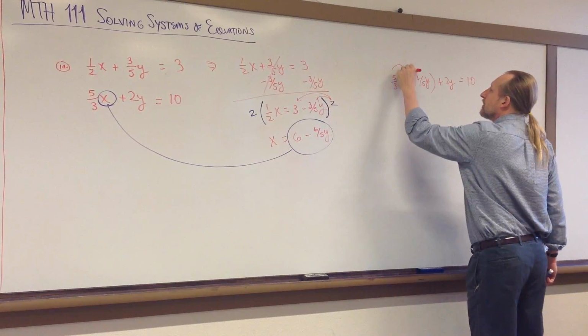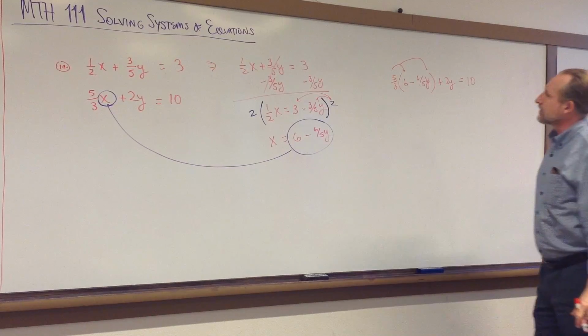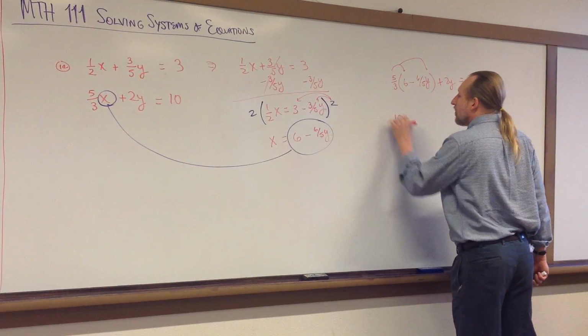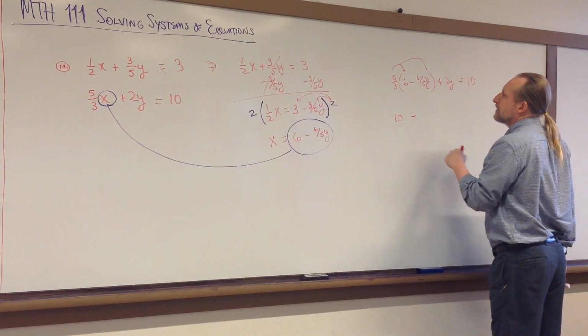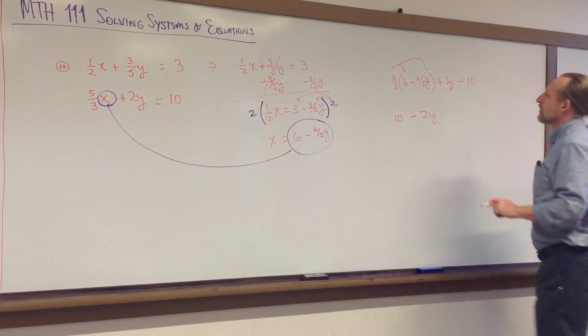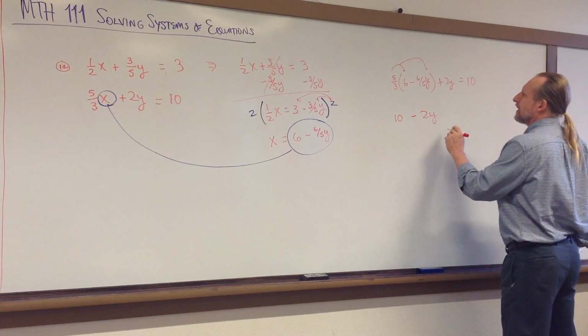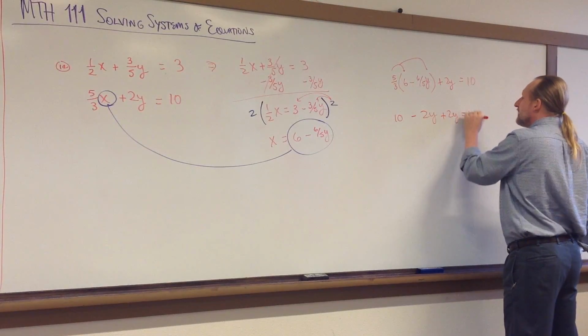All right, so let's multiply. 5/3 times 6 should be 10. And then minus 5/3 times 6/5 looks like 2y. Interesting, because now we're getting plus 2y equals 10.